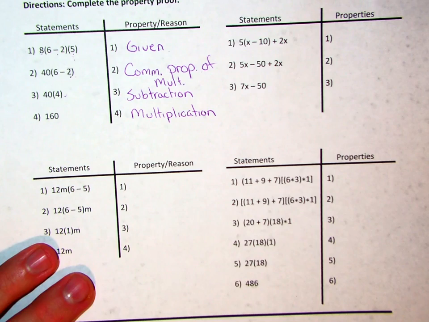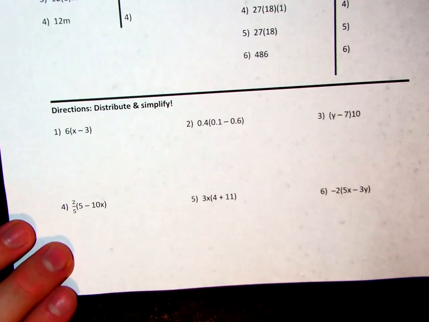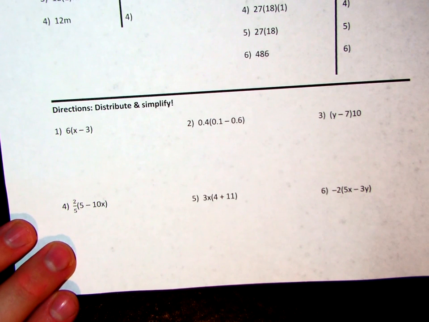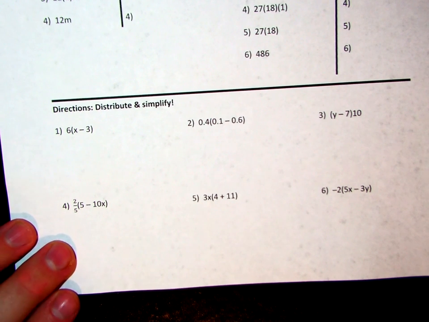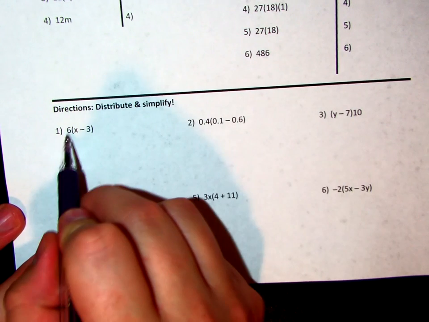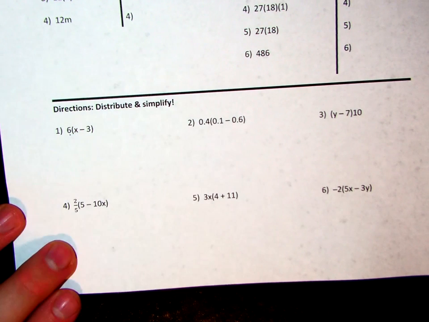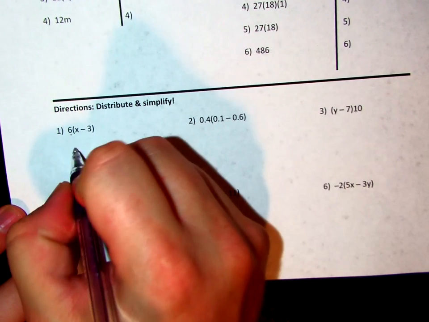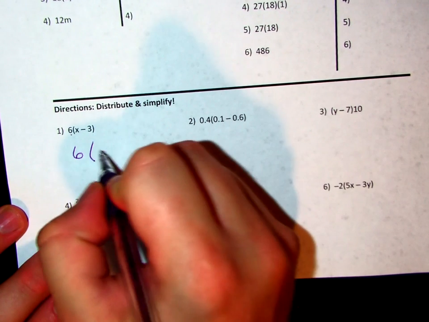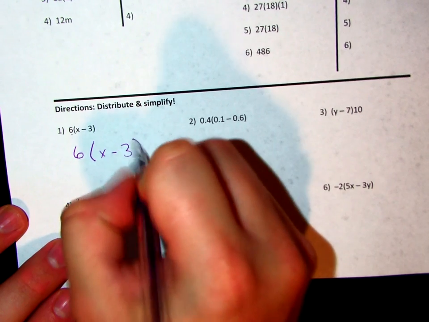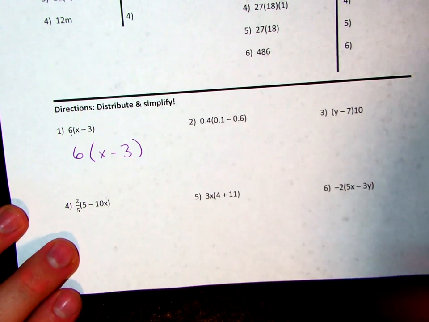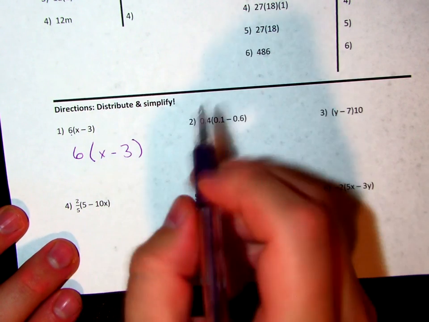Now you can use this as an example to help you complete the other 3 property proofs. We also had to do some distribution and simplify. And so when we looked at a problem like 6 times the difference of x minus 3, and we want to distribute, I know that I'm going to take 6 and multiply it by both of the terms within the parentheses.